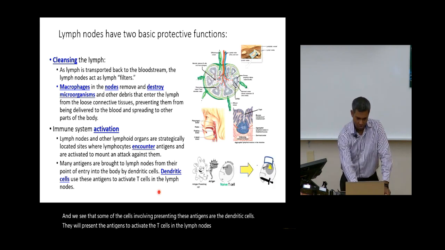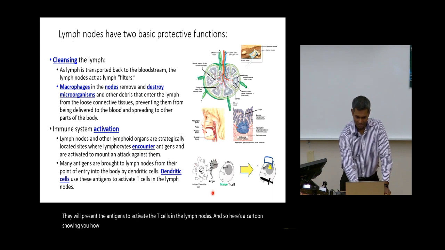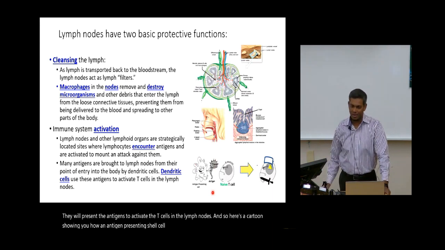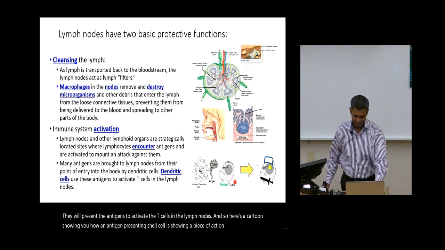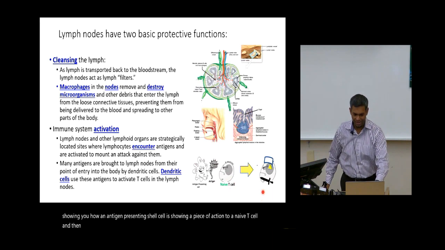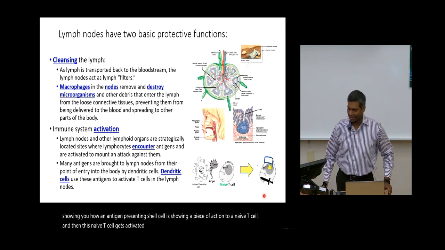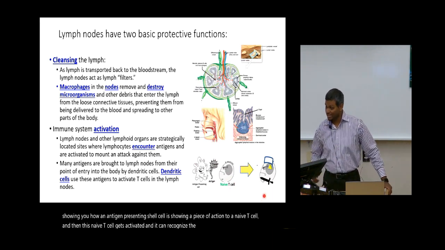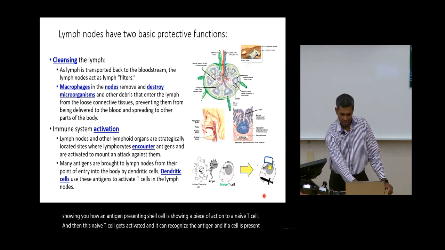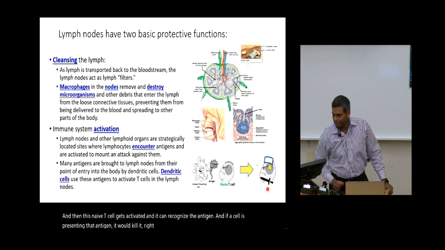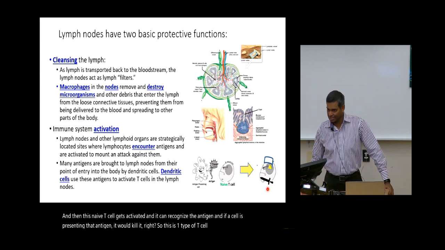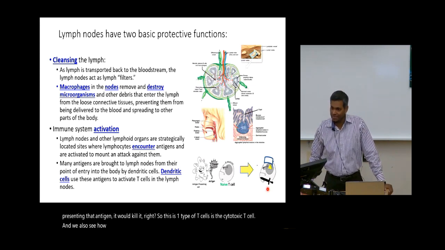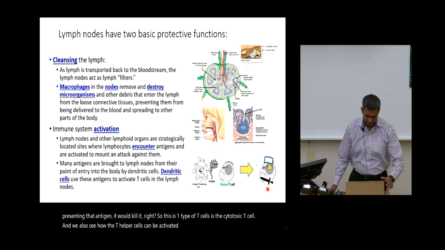And so here's a cartoon showing you how an antigen presenting cell is showing a piece of antigen to a naive T cell, and then this naive T cell gets activated and it can recognize the antigen, and if a cell is presenting that antigen, it would kill it, right? So this is one type of T cell. This is the cytotoxic T cell. And we also see how the T helper cells can be activated as well.